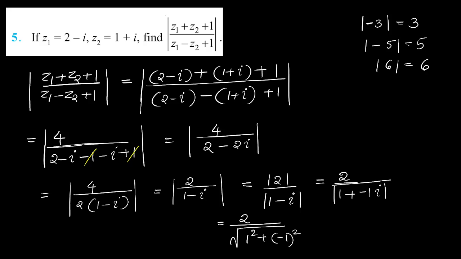Root of x square plus y square is the modulus. 1 plus 1, so 2 by root 2. In the numerator side, 2 is root 2 into root 2, just for cancellation. One root 2 cancels.